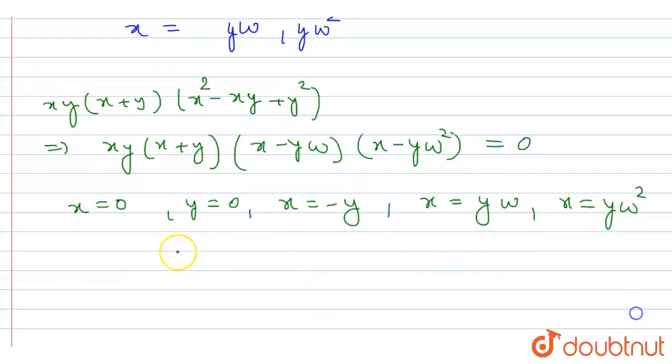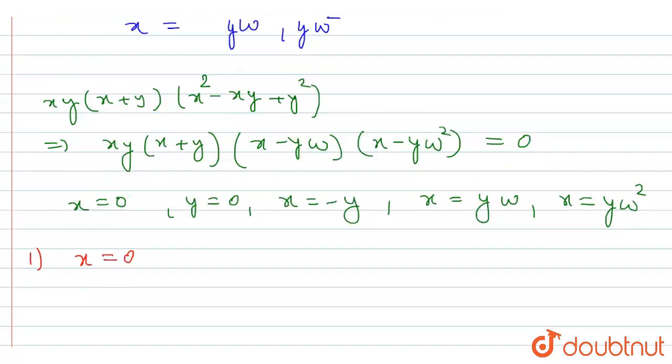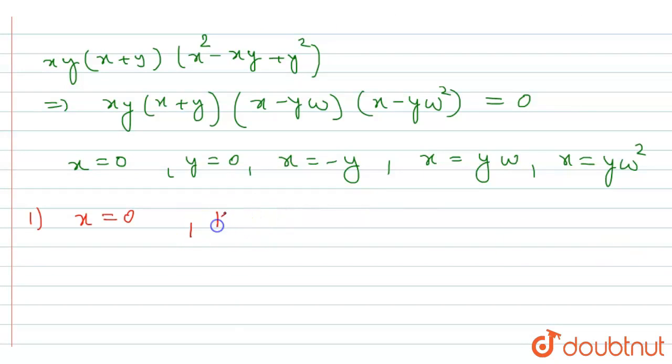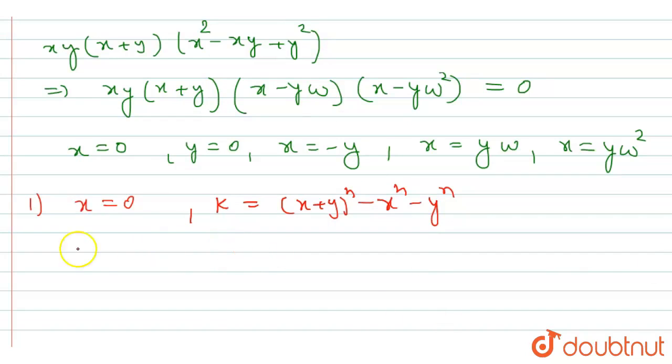The first case is when we put x equals 0. Let the term (x plus y) to the power n minus x to the power n minus y to the power n be k. When x equals 0, k equals 0 plus y to the power n minus 0 to the power n minus y to the power n.